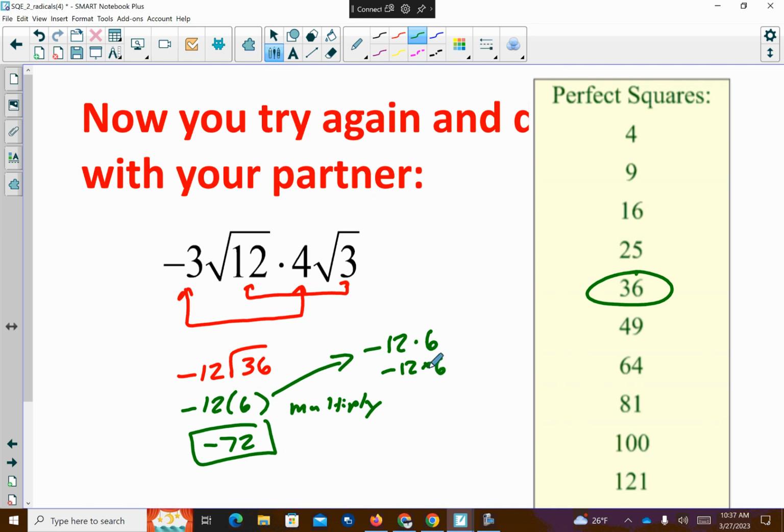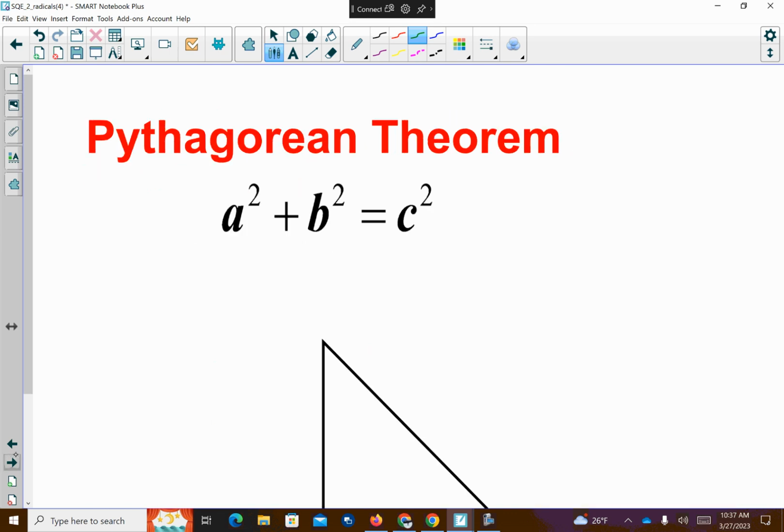All right. So some of this might look somewhat familiar because, as far as math curriculum goes, in 6th or 7th grade you might have been exposed to something called the Pythagorean theorem.